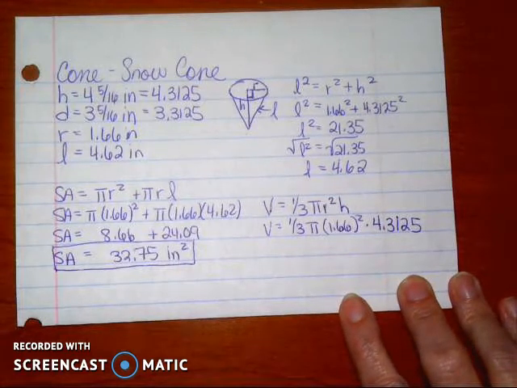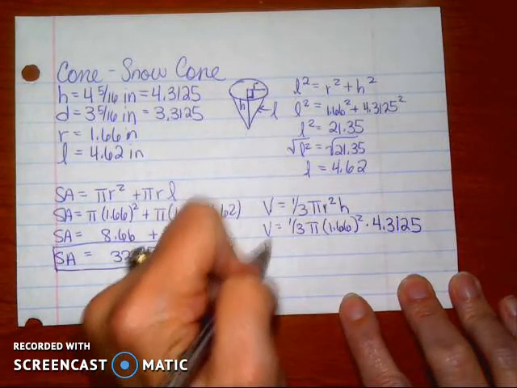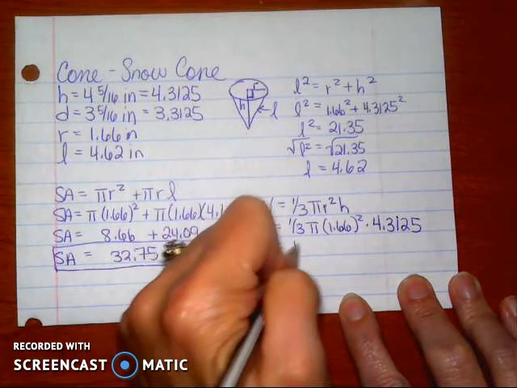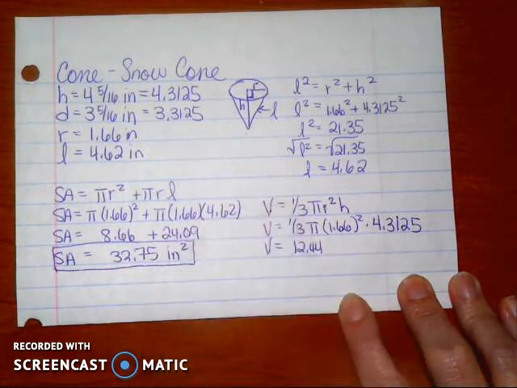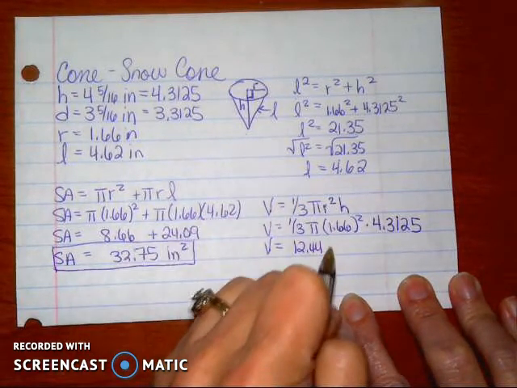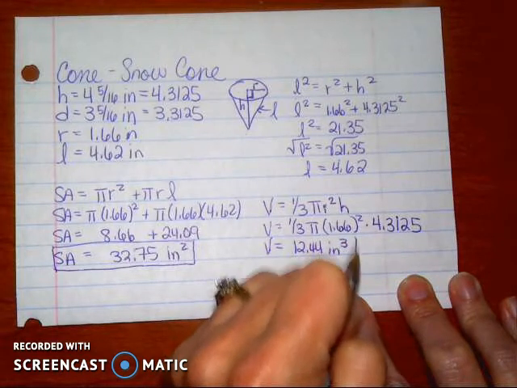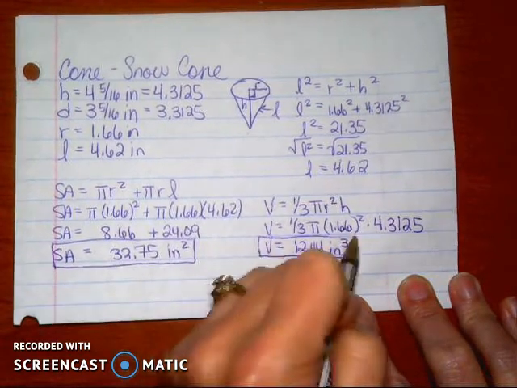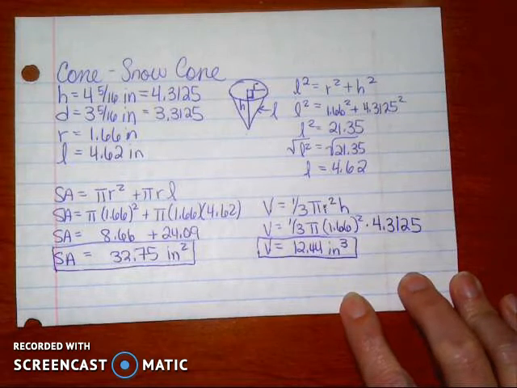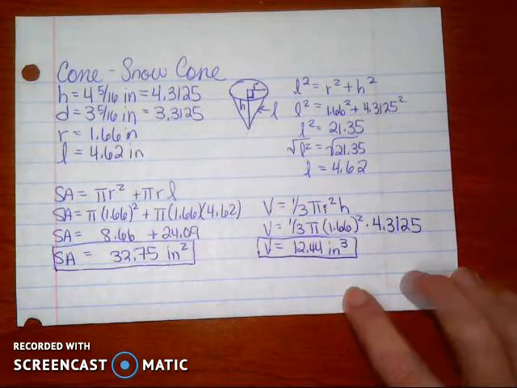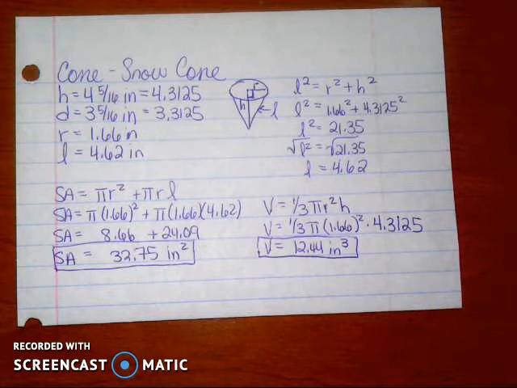I put that in my calculator, and my volume is equal to 12.44, and then that's going to be inches cubed because volume is in cubic measurements. And that concludes the surface area and volume of a cone.